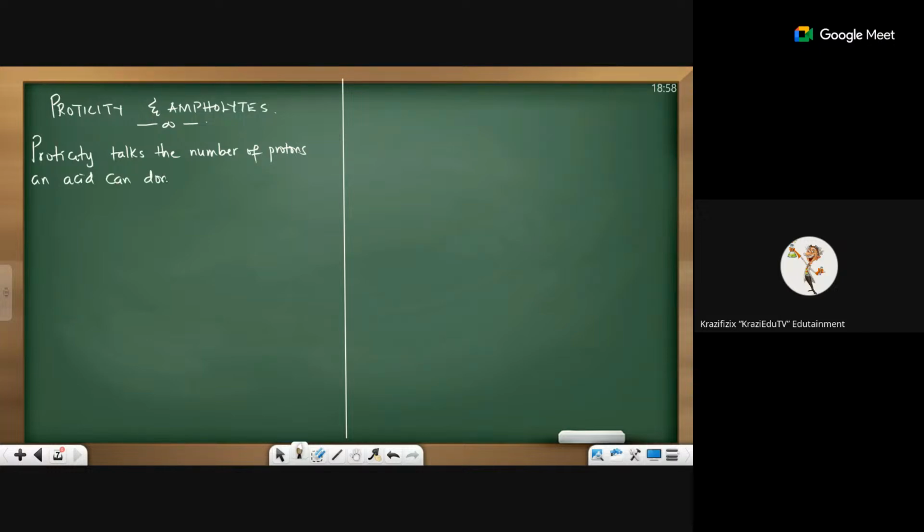Remember, once I say acid donate, I'm trying to stress that definition for Lowry Bronsted. Now, in terms of proticity, we have 2 types of number of protons.